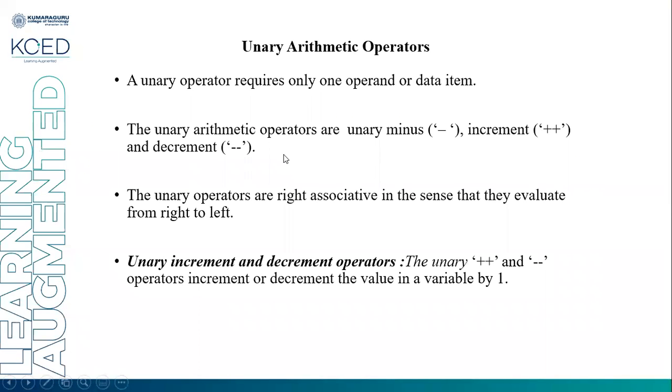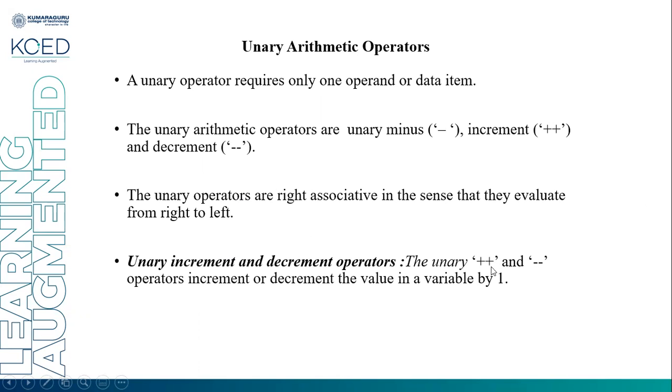Increment and decrement are divided into two types: post and pre-increment, and post and pre-decrement operators. The unary operators are right associative, in the sense that they evaluate from right to left. The unary plus plus and minus minus operators increment or decrease the value in a variable by one.